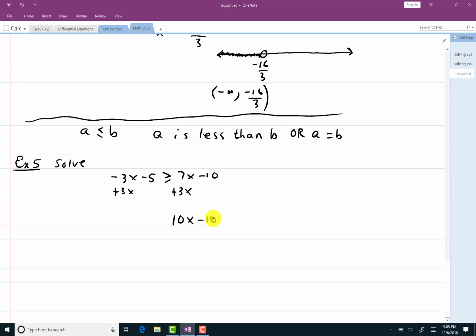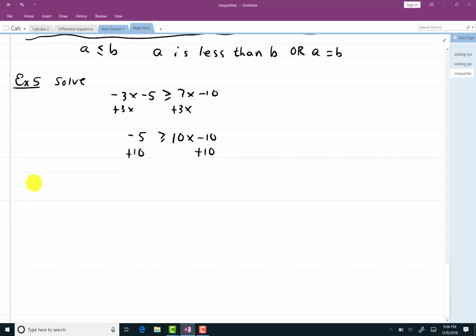So that gives me 10x minus 10 on the right, and on the left I'll have negative 5. I'll add 10 to both sides of the inequality, and that tells me that 5 is greater than or equal to 10x. I will divide by 10, and I get 1/2 is greater than or equal to x.